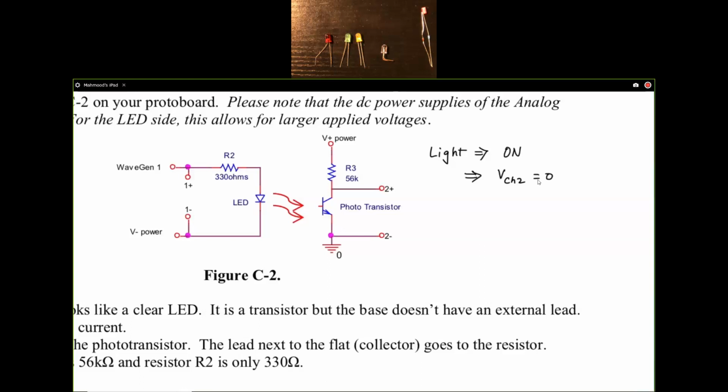It is essentially connecting collector and emitter pins together. So it's effectively like there is a short circuit between those two terminals when there is light.